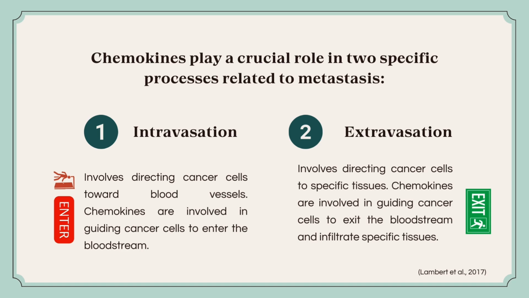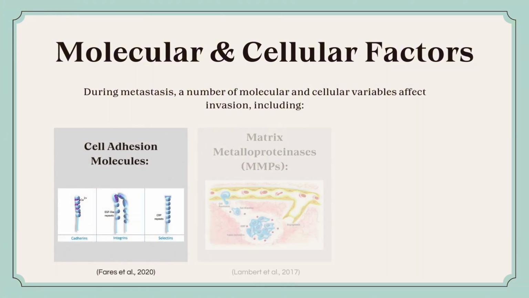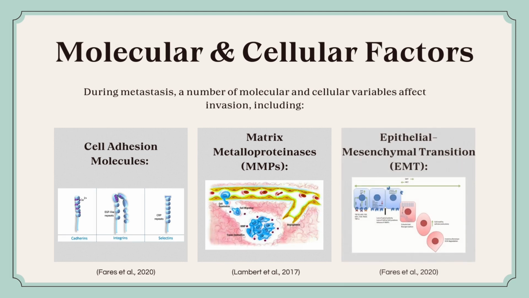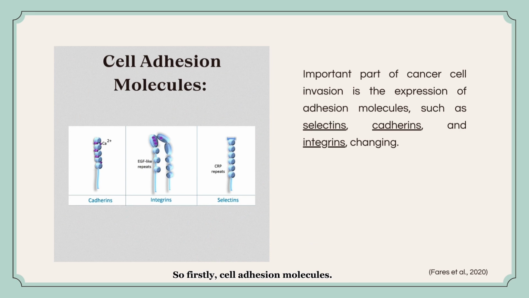The last part is molecular and cellular factors. During metastasis, a number of molecular and cellular variables affect invasion, including cell adhesion molecules, matrix metalloproteinases, MMPs, and epithelial-mesenchymal transition, EMT. So firstly, cell adhesion molecules.